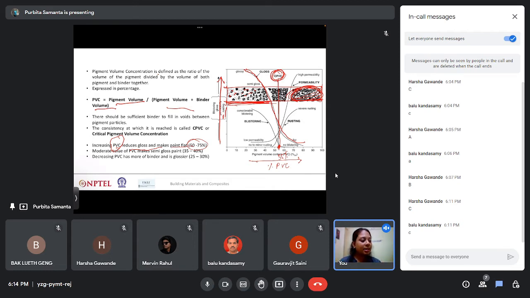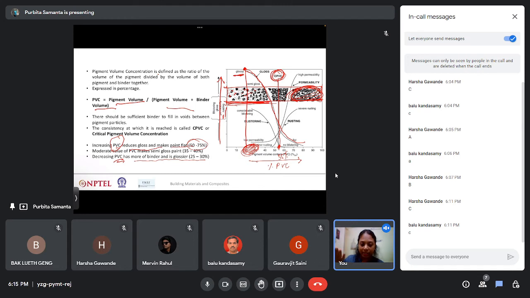And here it is giving the most gloss. Decreasing the PVC means more binder and more gloss, which is around 25 to 30%. If you draw the line, it ranges around this range only. If the percentage of PVC is around 25 to 30%, then of course we have a glossier kind of paint.